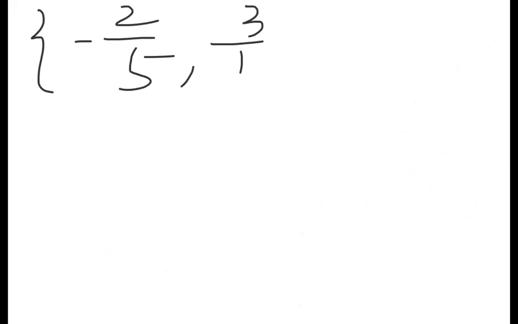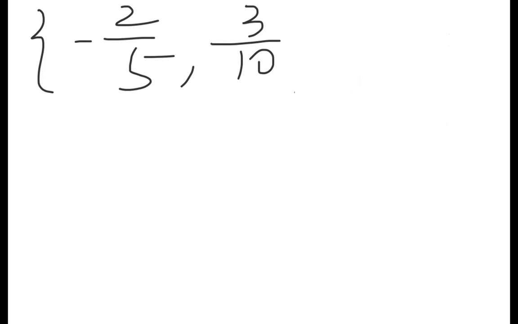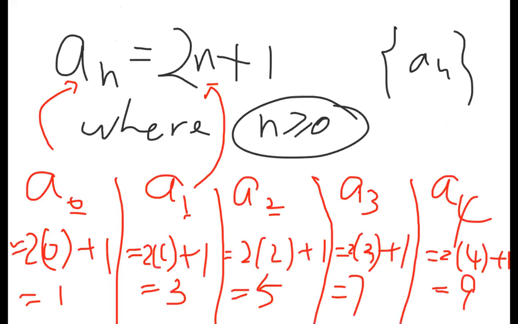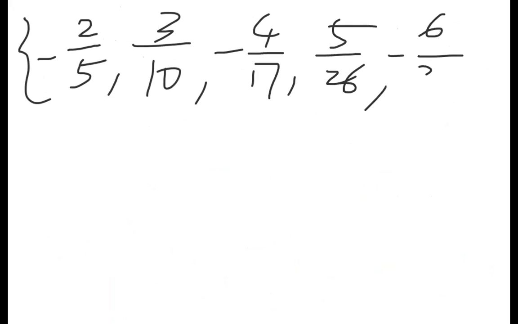If you have a sequence that utilizes all these kinds of special sequences, for example, -2 over 5, 3 over 10, -4 over 17, 5 over 26, -6 over 37, etc.